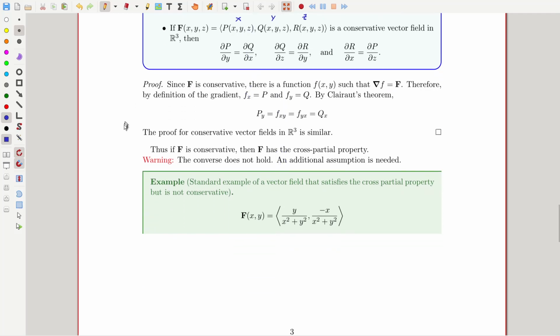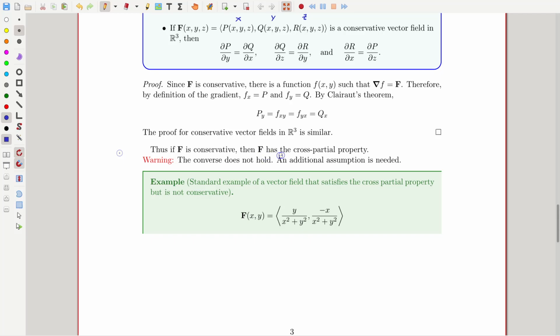Okay, so continuing on. What this theorem has stated is if f is conservative, then f must satisfy the cross-partial property. Now this does not say the converse, which is the statement that f satisfying the cross-partial property implies that f is conservative. That is not true. You actually need an additional assumption.